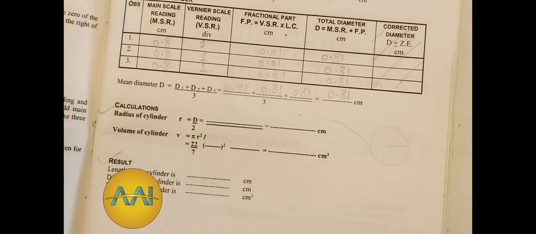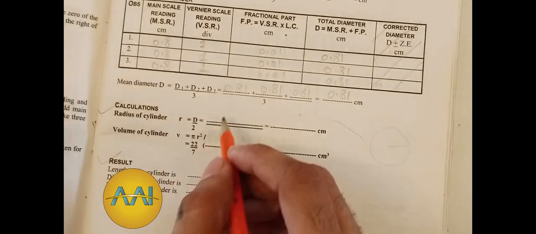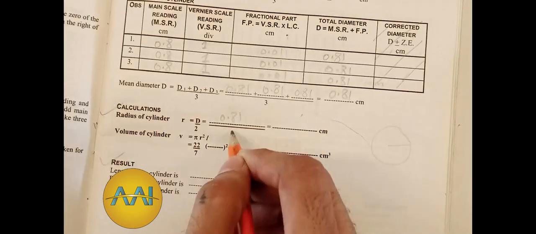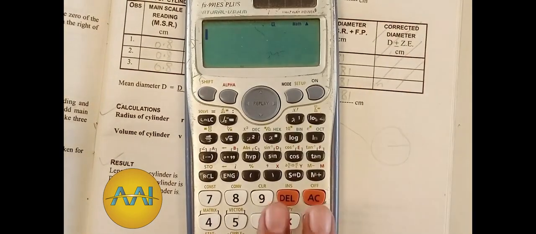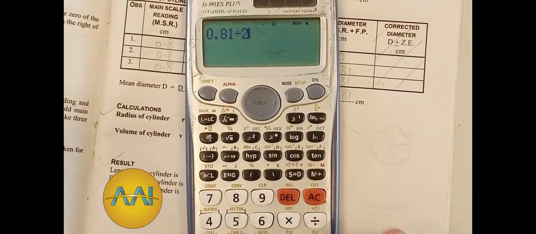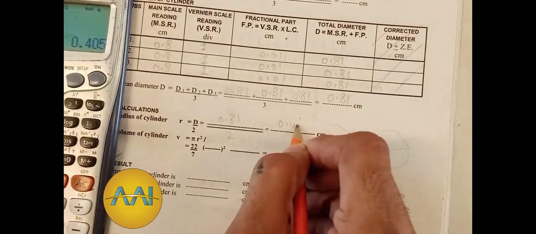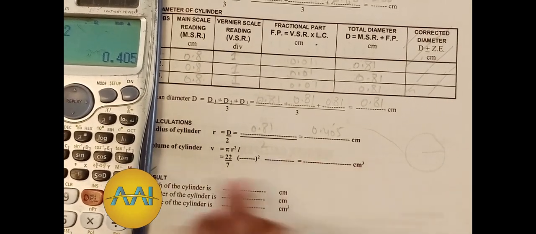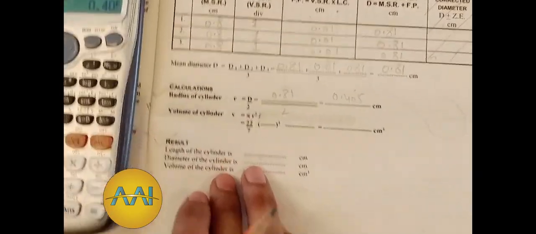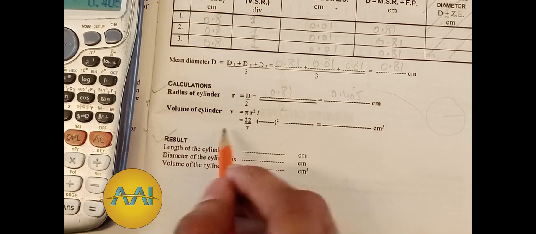So half of the diameter 0.81, 0.81 divided by 2, then you will get 0.405. Now it's time to find the volume of a cylinder.